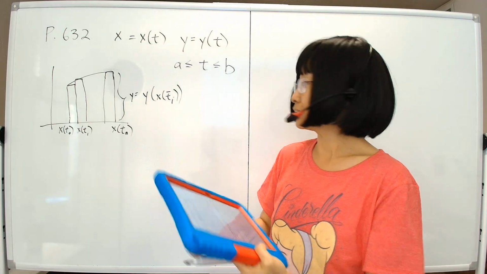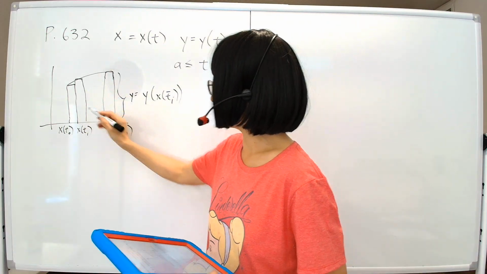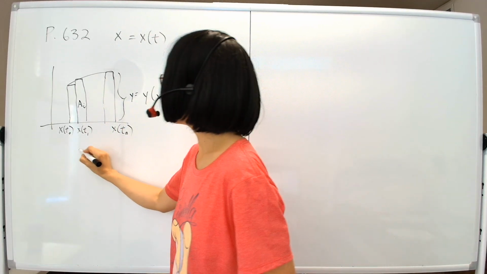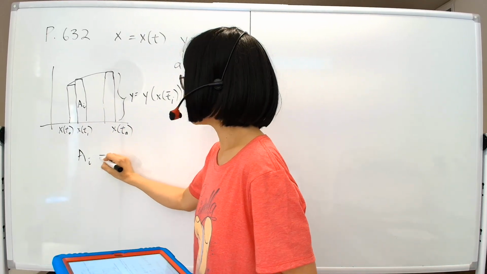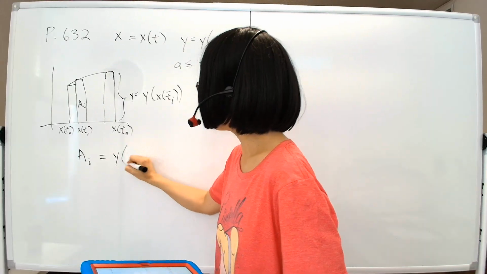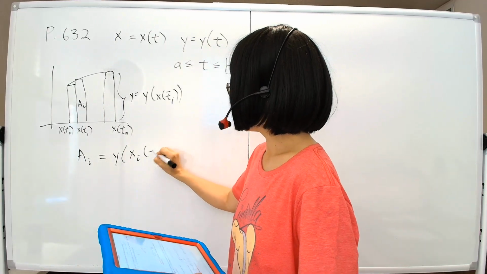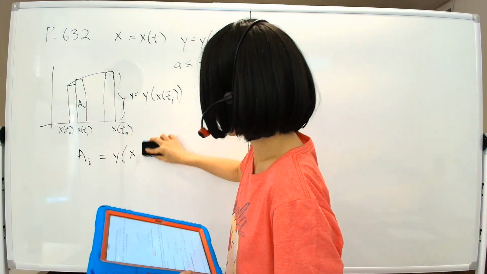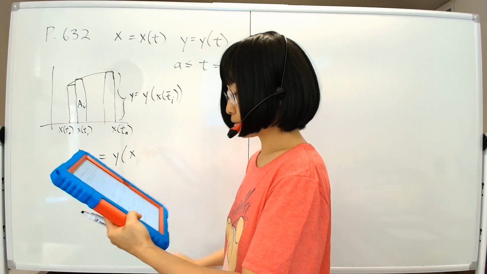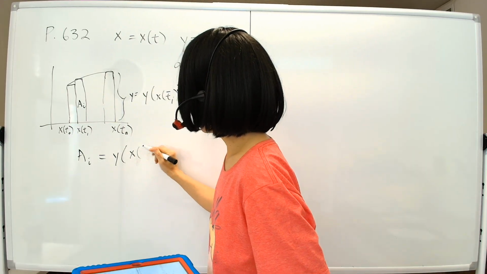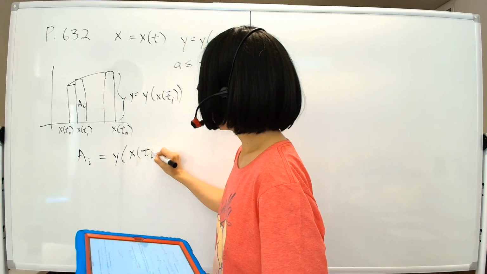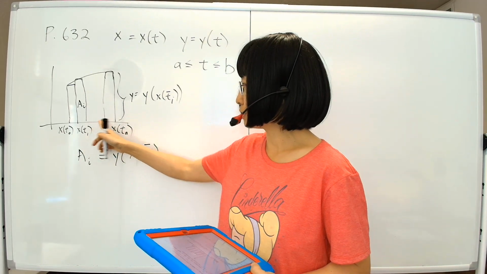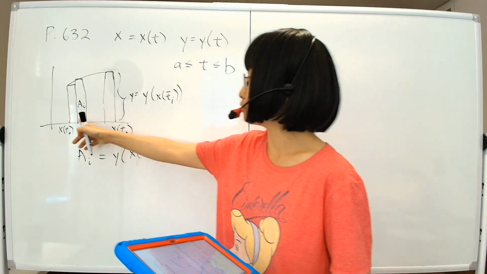Having said that, here's a sample, the area of i. So A_i will be equal to length times width. The length is y of x of t_i, where t_i has a bar on top. t_i is anywhere within the rectangle we're talking about, so one of these.